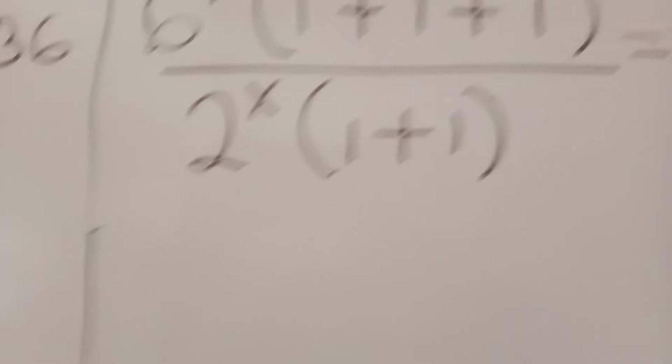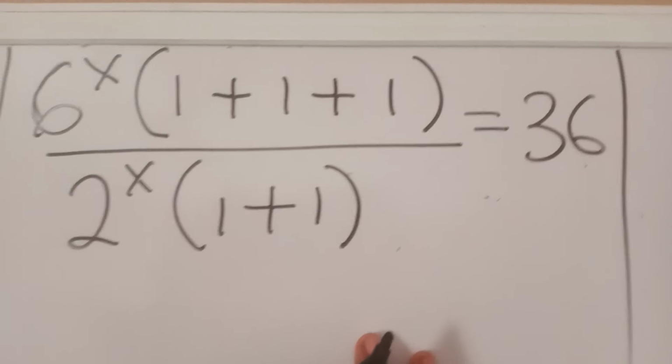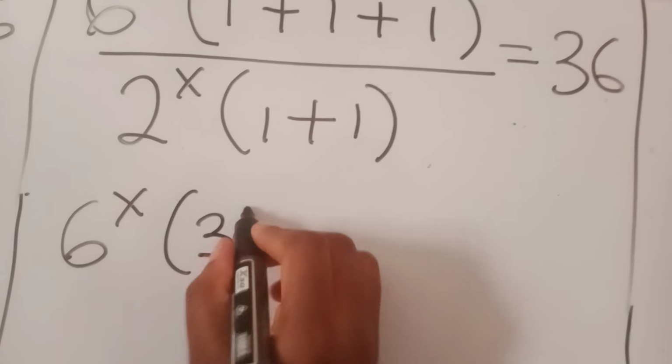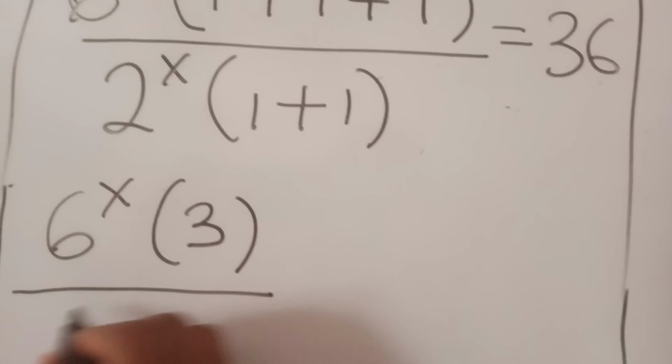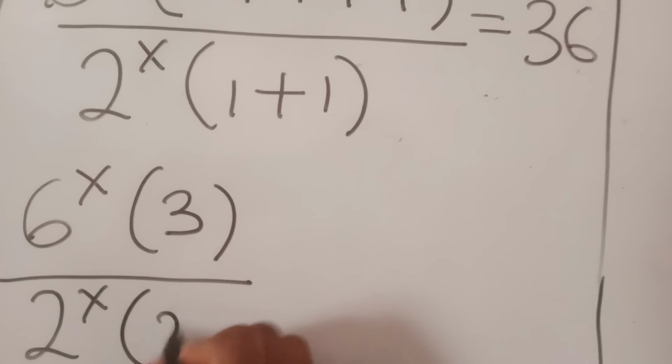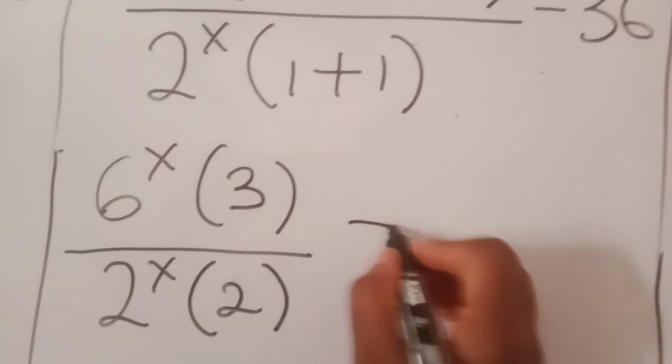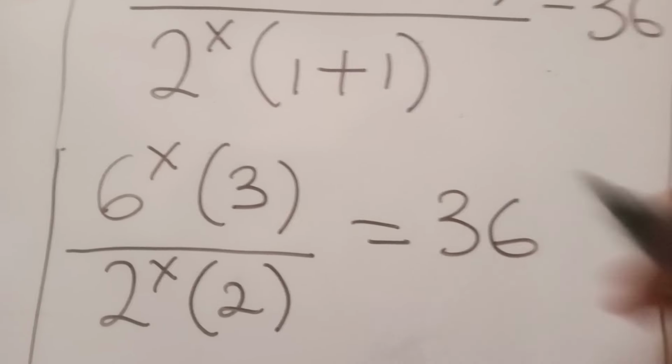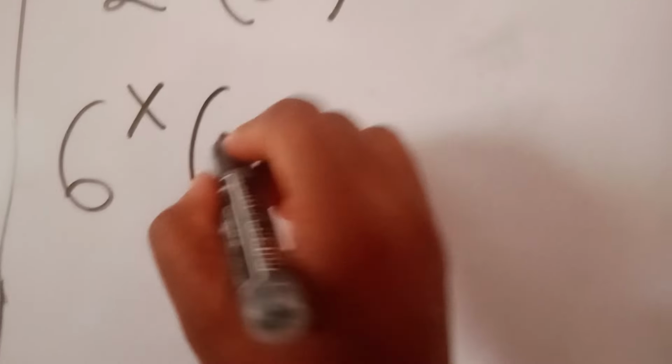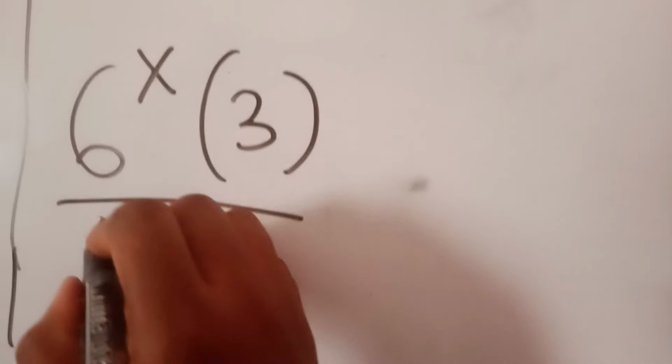Okay, so from here we have already factorized what's common. So what we have is this. So we're going to divide both sides by the inverse of 3 over 2.